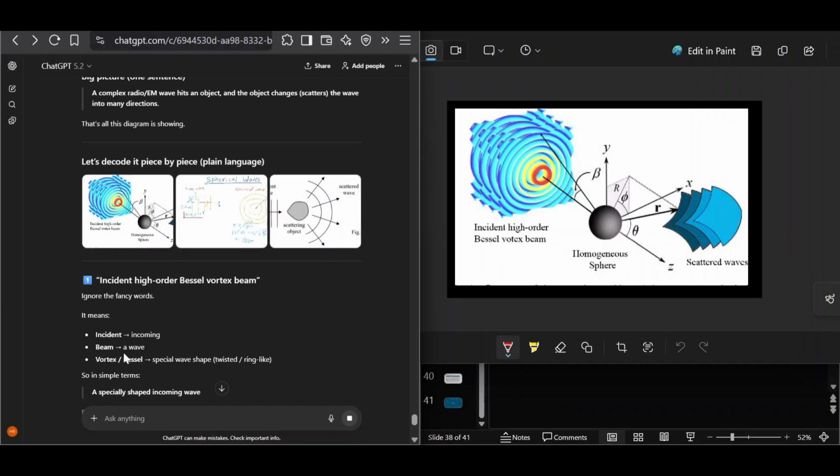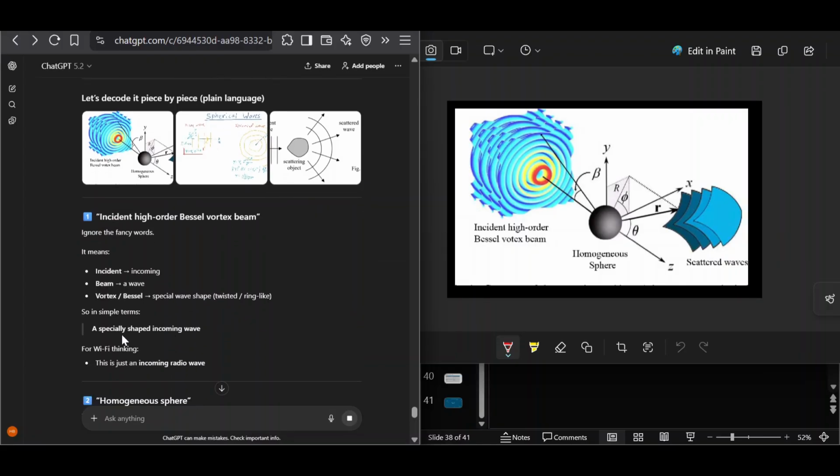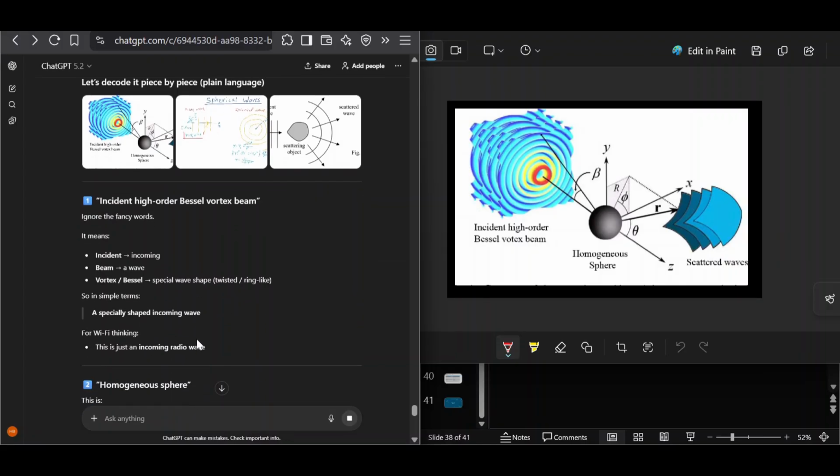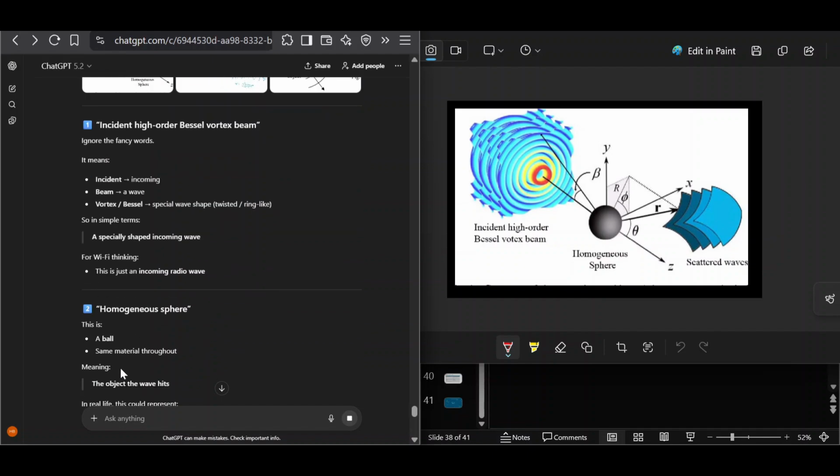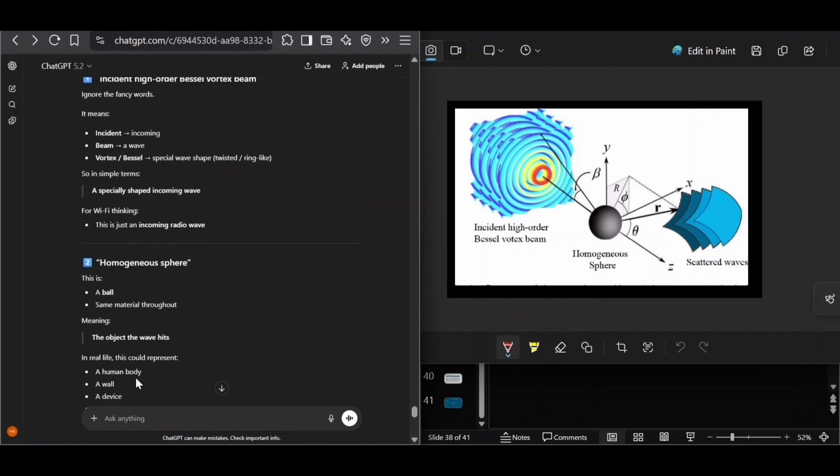Ignore it; it's the incoming wave, a special twisted wave, ring-like. Okay, it's a specifically shaped incoming wave. This is just an incoming radio wave, and it interacts with the same material, the object the wave hits.